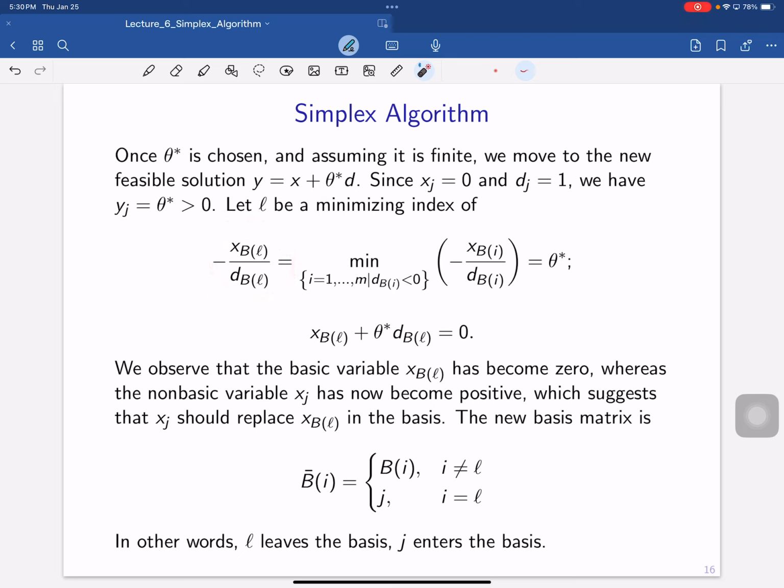Remember, when deriving this, we are trying to keep satisfying the non-negative constraints. When you pick the maximum step, there will exist one of these variables L such that this variable will become 0 when we search along that direction.